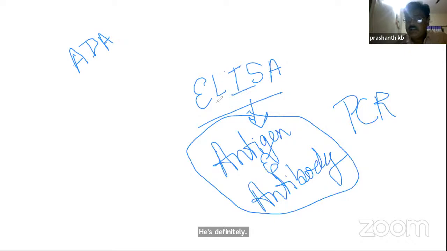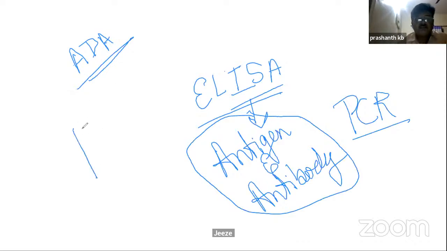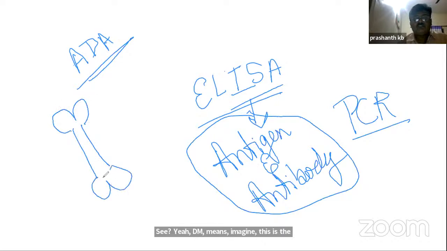Now the doctor diagnosed with these 2 techniques and he detected ADA deficiency in that 4-year-old girl. What is this, sir? ADA. See, imagine this is the bone. There are 206 bones. Inside this bone, there is bone marrow.